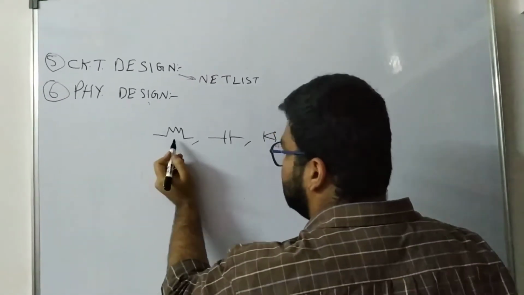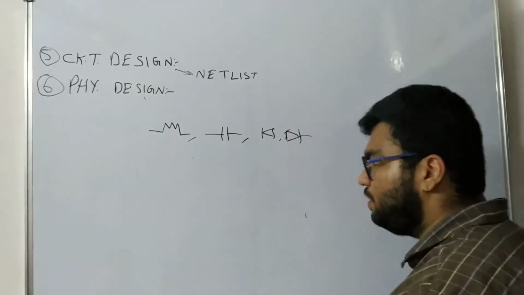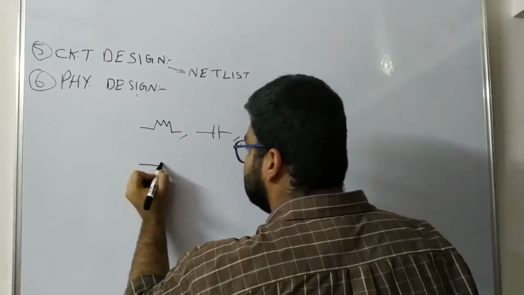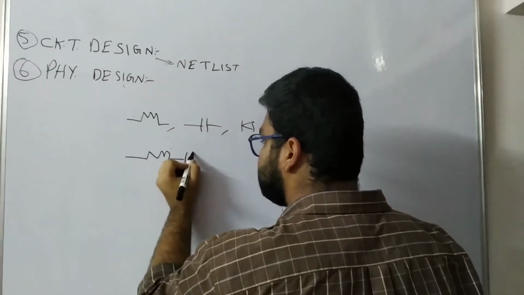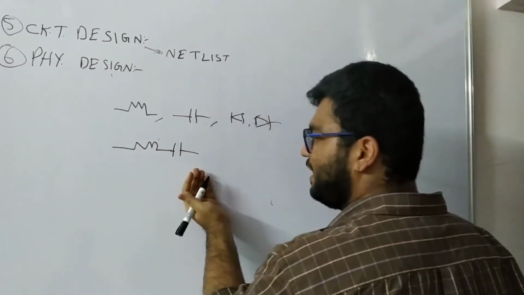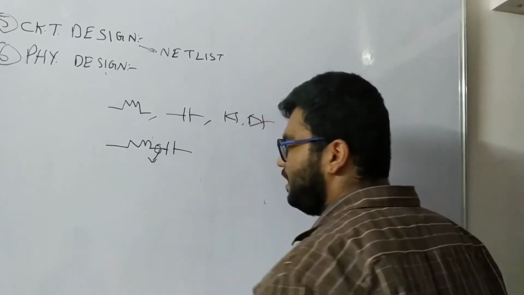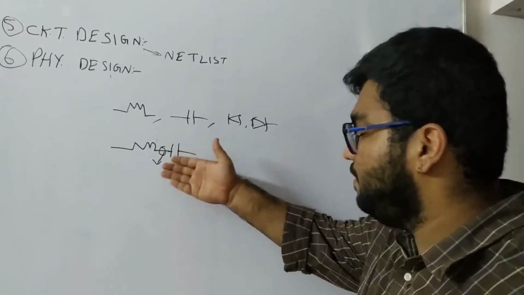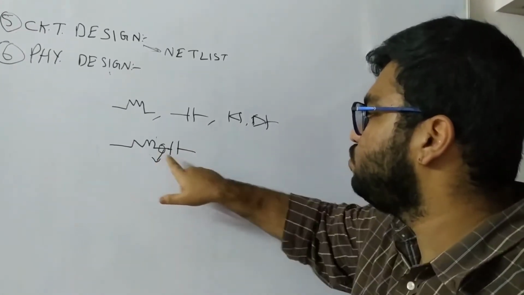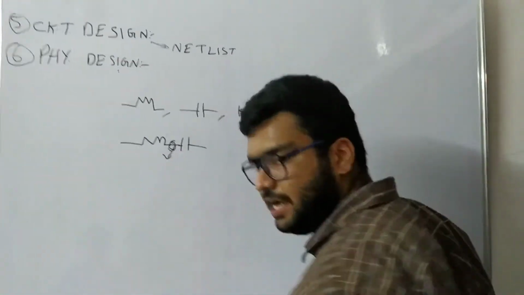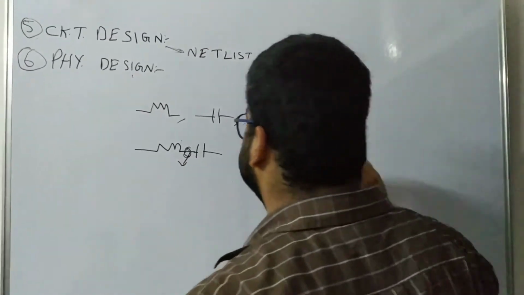For example, a resistor and a capacitor are connected to each other. How do we represent that? These two are connected with a single line. This line tells us these two components are connected to each other. This is called the representation of interconnection between the components.